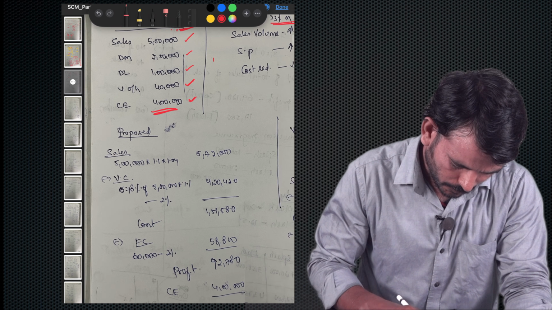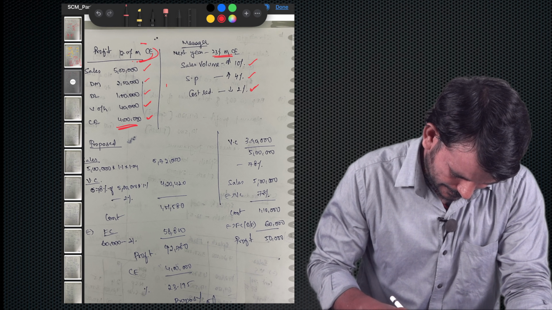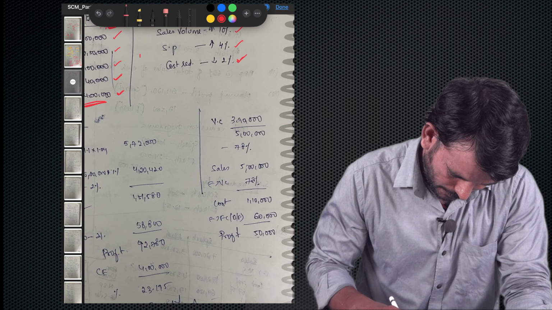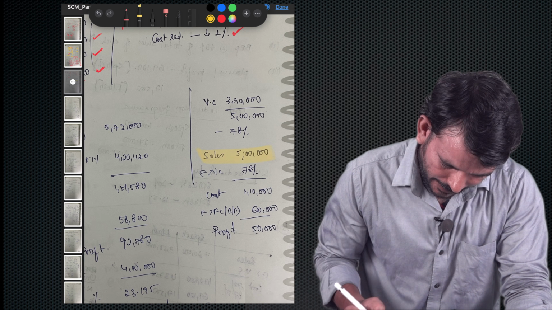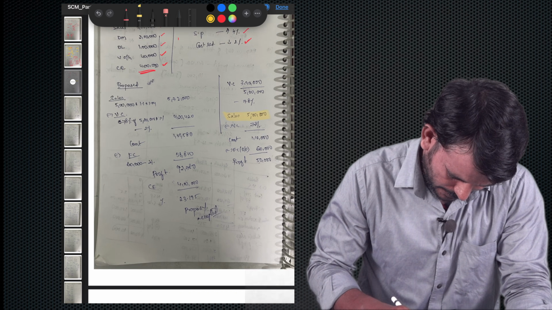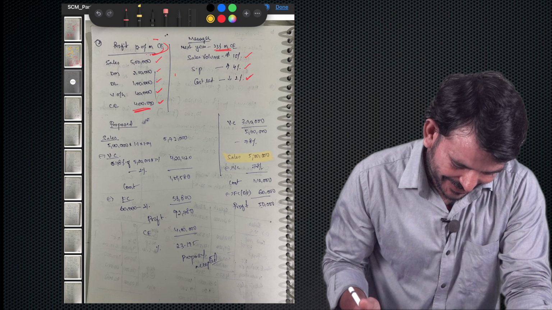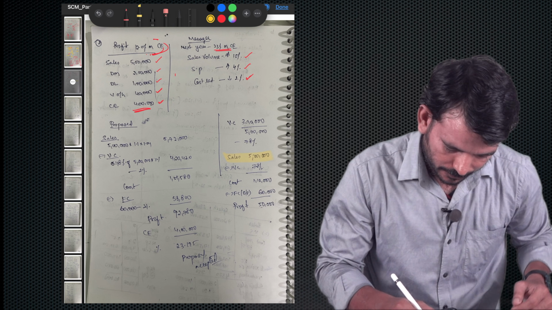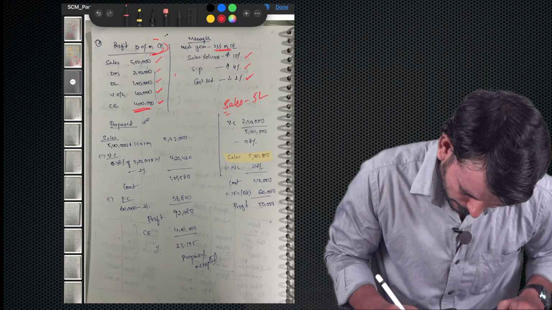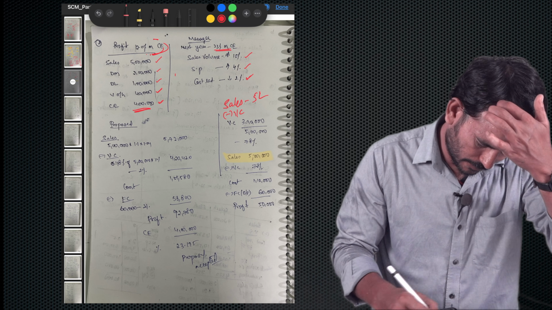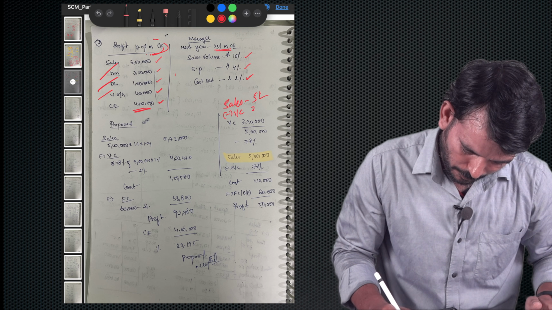So sales, I'll write it here, 5 lakh. Sales 5 lakh, variable cost: direct material 2.5, direct labor 1, that is 3.5, plus 0.4, 3.9. So variable cost is 3.9 lakh.